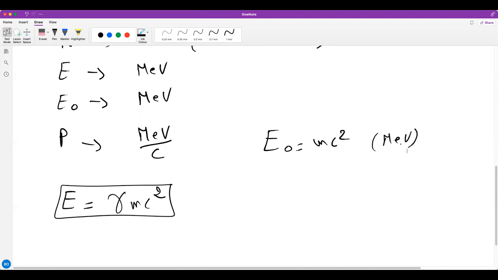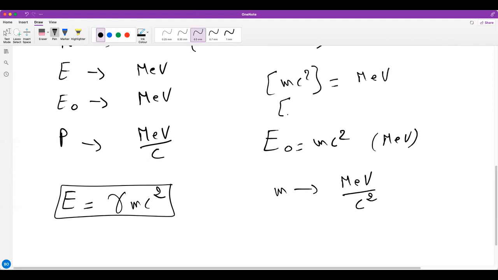Because there is an equivalency between mass and energy, the mass can also be expressed in different units. The unit of the mass now becomes MeV per c squared. If mc squared is given in MeV, this means the unit of the mass can be given in MeV, and this c squared is brought here.